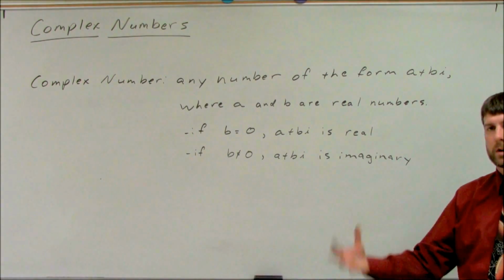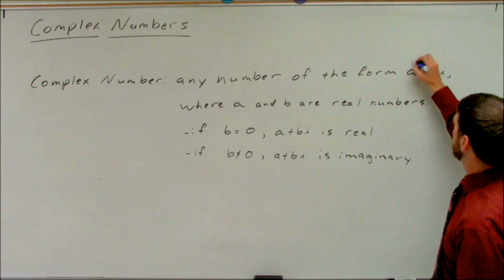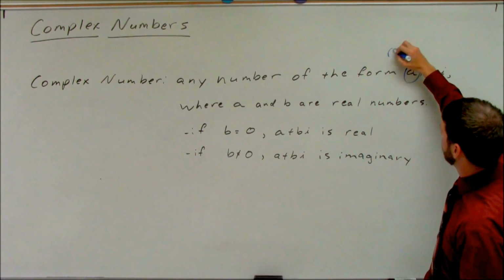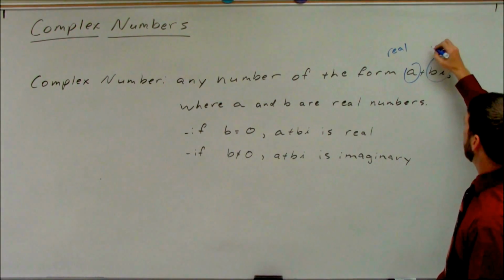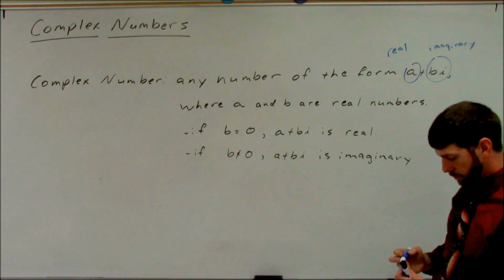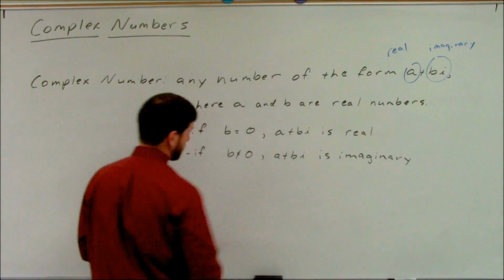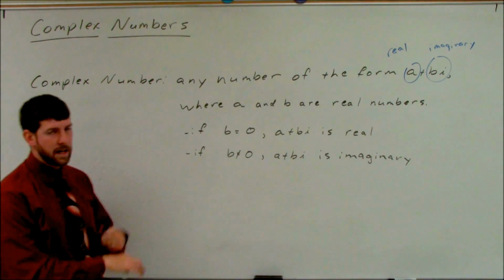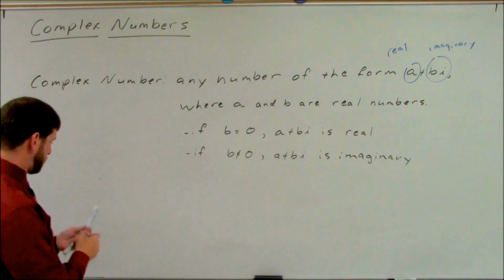So every single number is complex. This a gives us the real component. The bi gives us the imaginary component. So what we can see is I could write every number as a complex number.